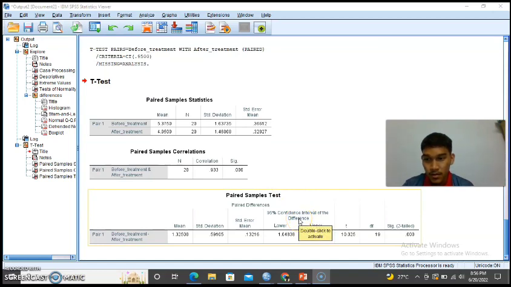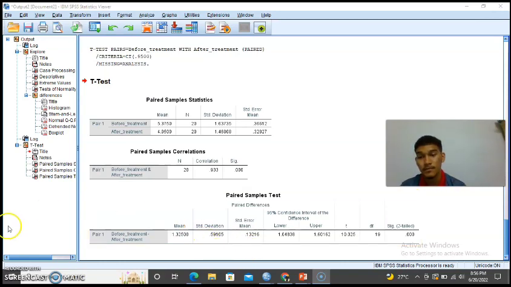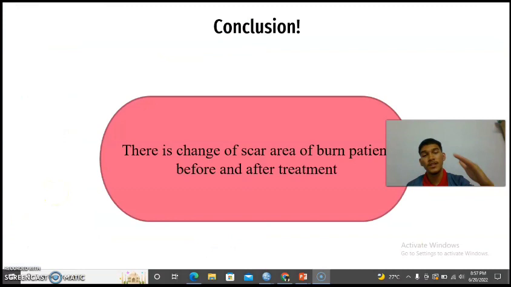It looks like 0.000, which is less than alpha 0.05, and automatically the null hypothesis is rejected. After all that, the conclusion is that there is a change of scar area of burn patients before and after treatment. So that's all from me. Thank you.